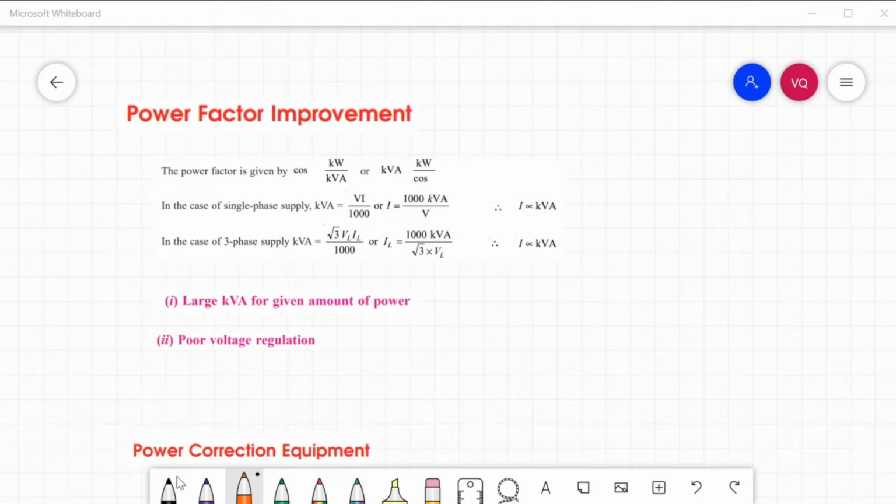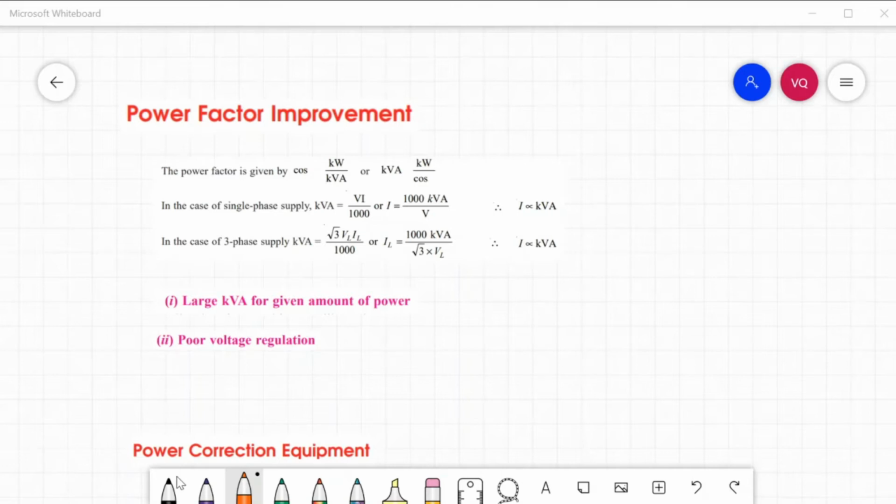Single-phase motors may have as low as 0.4 power factor, and electric welding units have even lower power factors of 0.2 or 0.3.